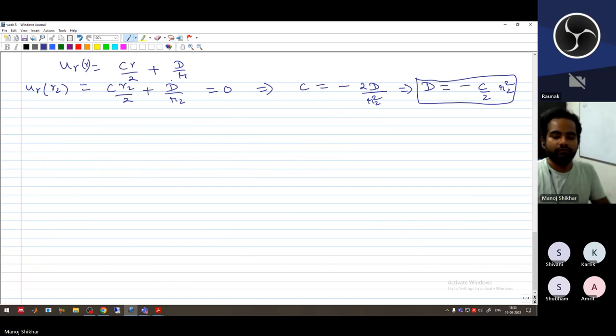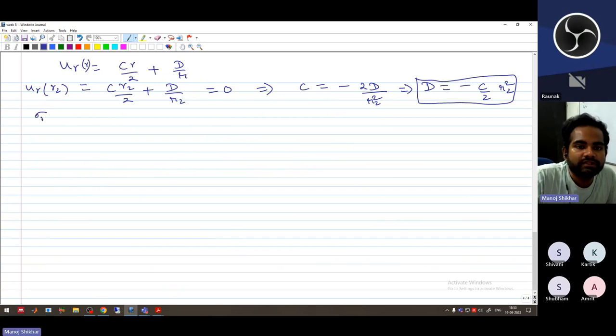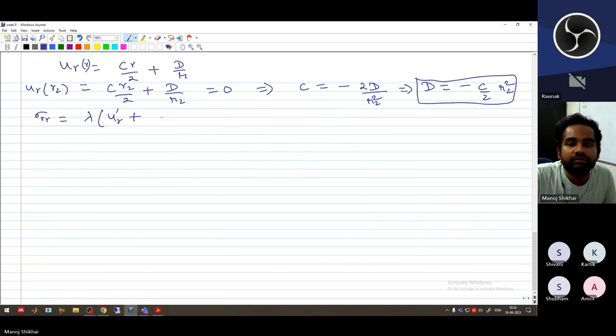And we also know the expressions of sigma RR in terms of UR. This is lambda times UR prime plus UR by R plus UZ prime, plus 2 mu UR prime.